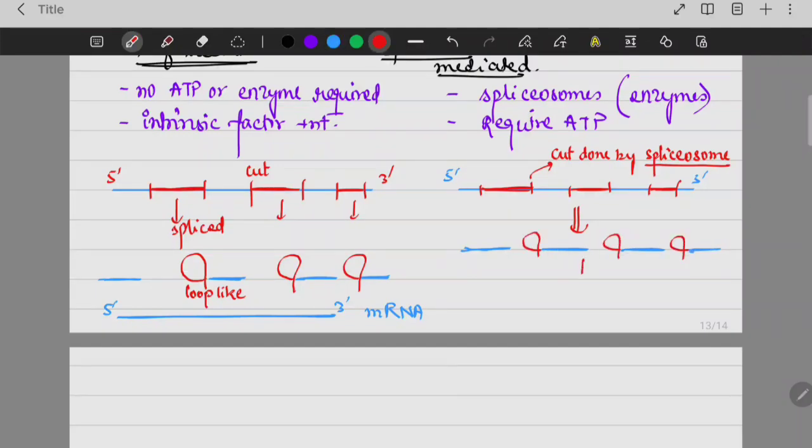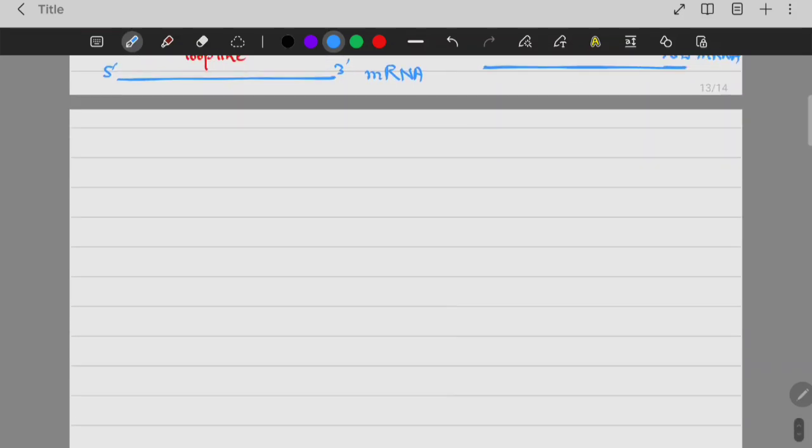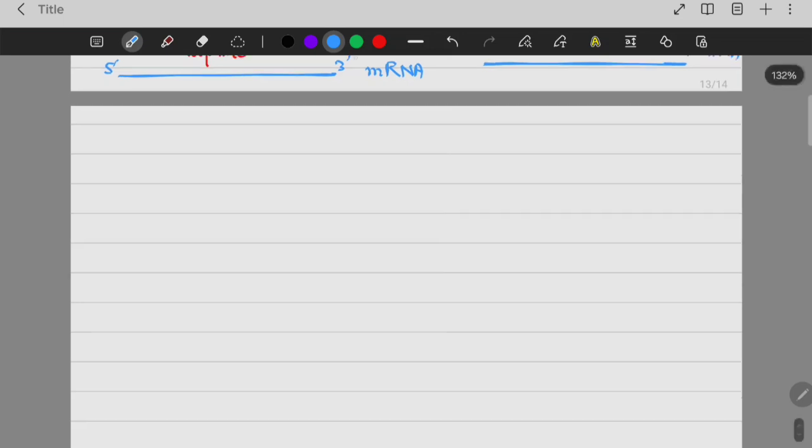Finally, these loops are removed, and the new mRNA is formed. Now, along with these changes, there is another change taking place in the mRNA, that is mRNA editing. We do editing in photos and videos, and in the same way editing takes place in the mRNA. So the next one is RNA editing.